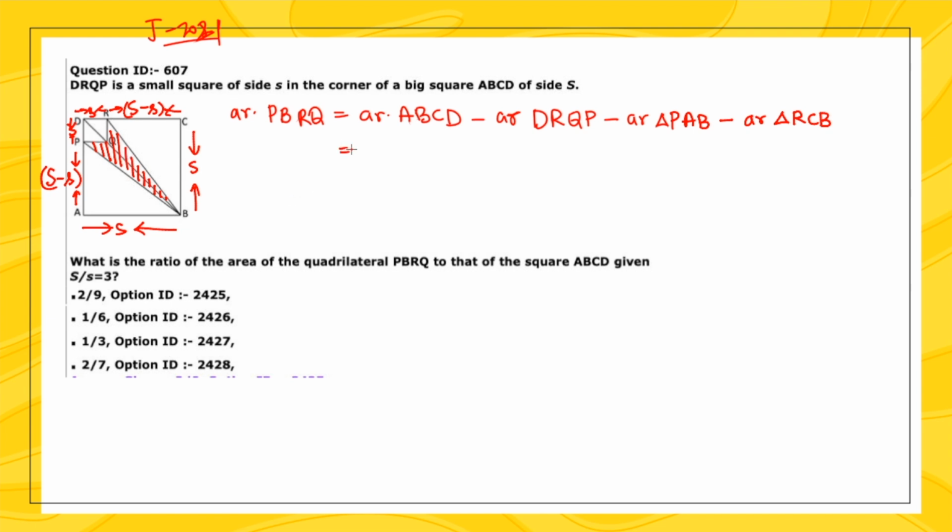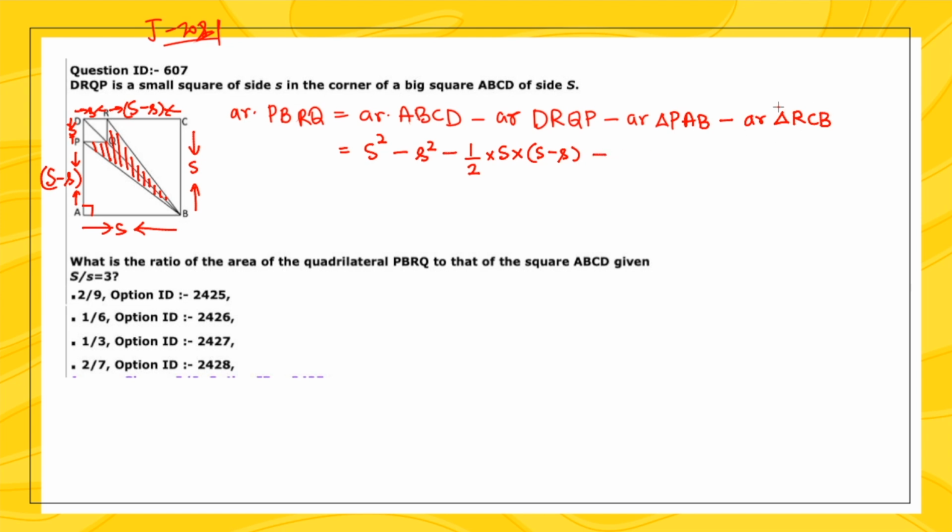The area of ABCD is pretty simple: since the side of the square is capital S, it will be capital S square, minus the area of DRQP. DRQP is a smaller square of side small s, so small s square, minus the area of PAB. This is a triangle making 90 degrees, so we use the formula half base into height, where the base AB is capital S and the height is capital S minus small s.